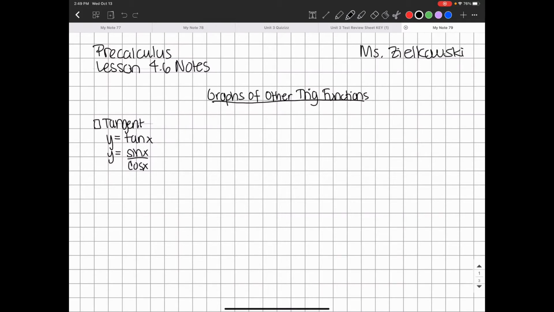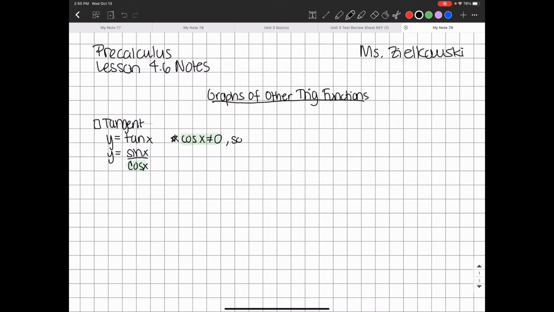Using that, I know that for the tangent graph, I need to keep in mind that cosine of x cannot be equal to 0, because that would make the denominator equal to 0.